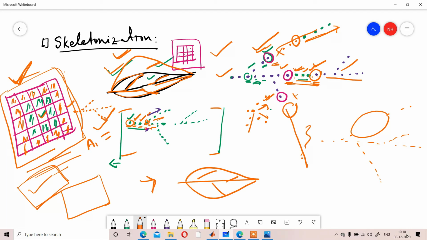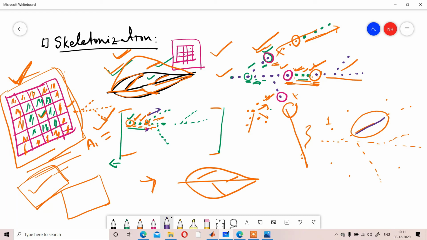Whenever you are creating the skeleton, it does not mean always it will give you this structure. There may be some noise also. That noise means these dots are white dot. So whenever you are searching by increasing the number of neighborhoods, at a certain time that white dot may come.